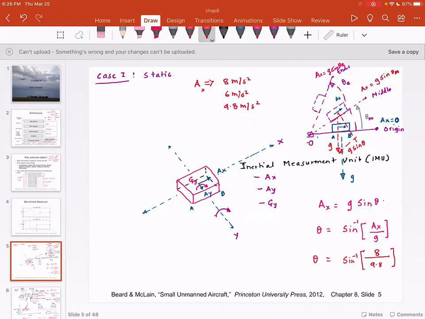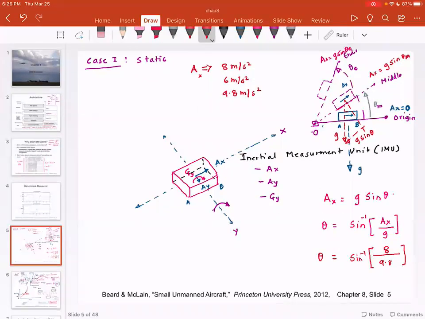This approach is valid as long as I start at origin, go to the middle position, and stay there for some time till the output of the accelerometer stabilizes. This is extremely important. So I rotate, go to the middle position, stay there for a few minutes till the accelerometer output stabilizes, get that value, find the value of theta, then move again to the end position, stay there, and get the value of theta again.